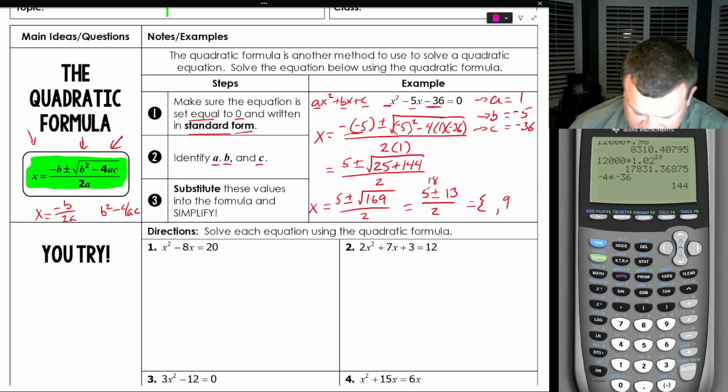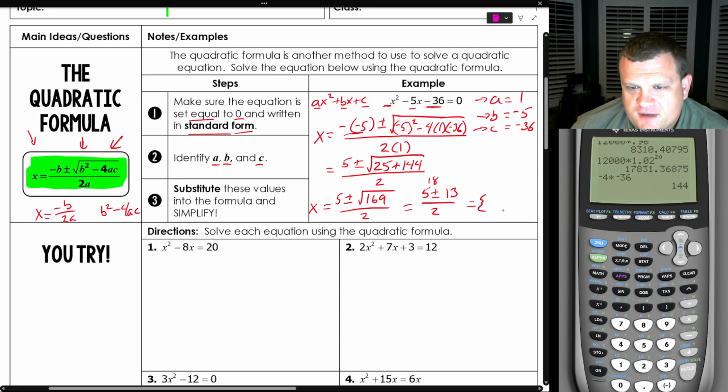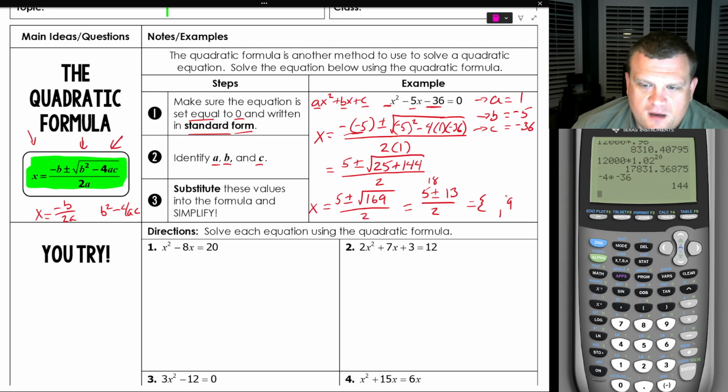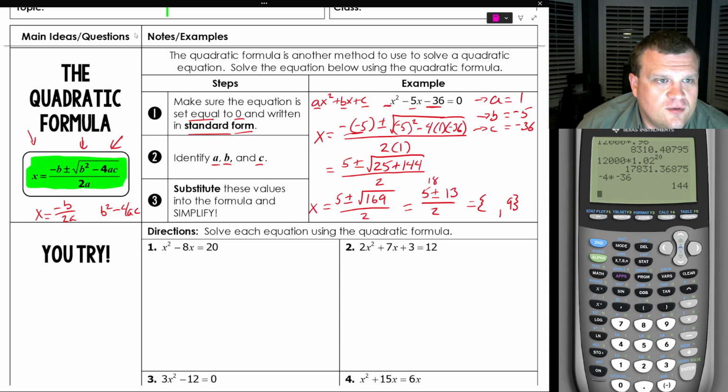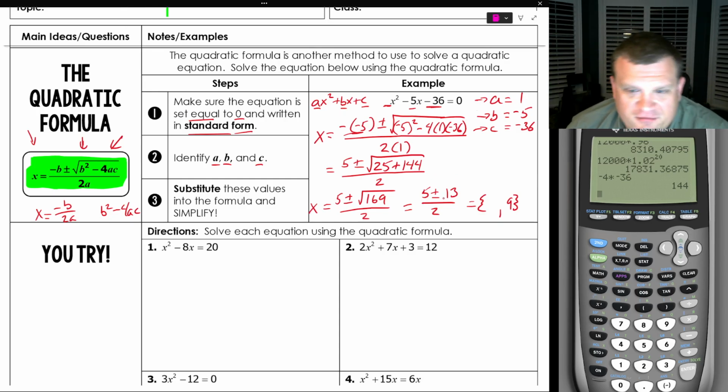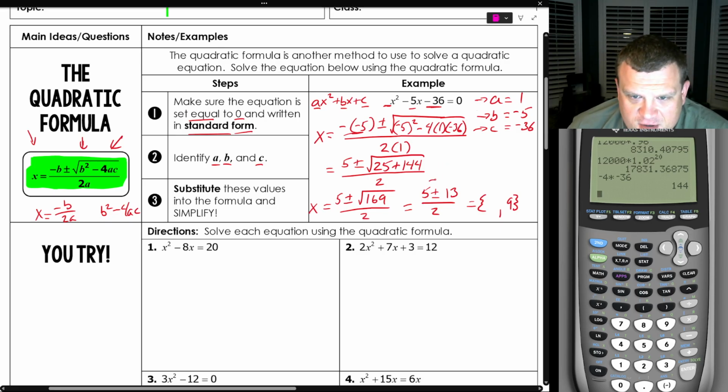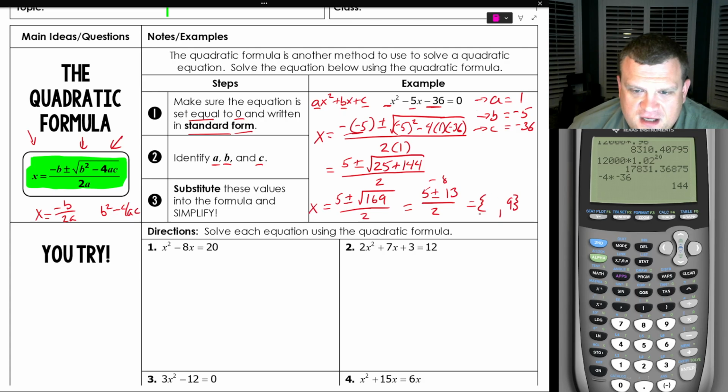If we were to do the negative direction, right? We would get 5 minus 13, which is going to be -8 divided by 2 is going to be -4. And that's it. Okay.